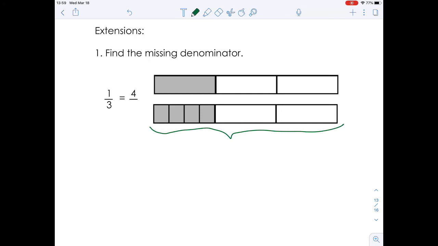And these little quarter pieces here are smaller than the next pieces. So what we would have to do, so we could see that we could divide each one of these pieces into 4. So really I have 4 out of 12. So that's how we play find the missing denominator.